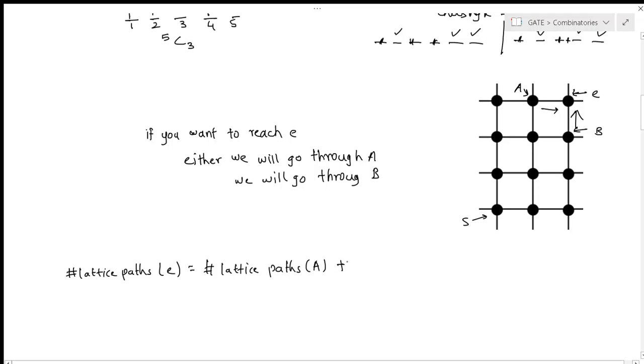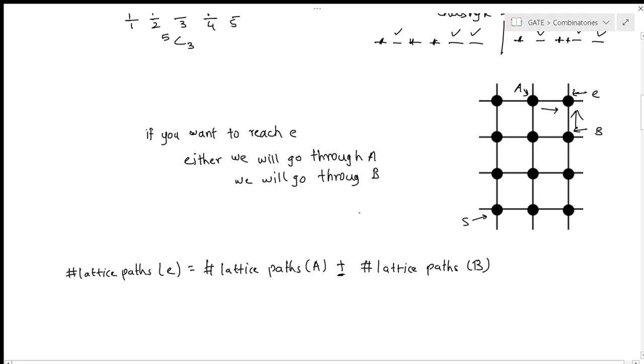Both of the points are disjoint. It will never happen that a single path contains both A and B. That's why we can use the fundamental principle of addition, as both of them are disjoint and nothing is in common between them. So, plus the number of lattice paths for point B. I hope this is clear to you now why I can say that.